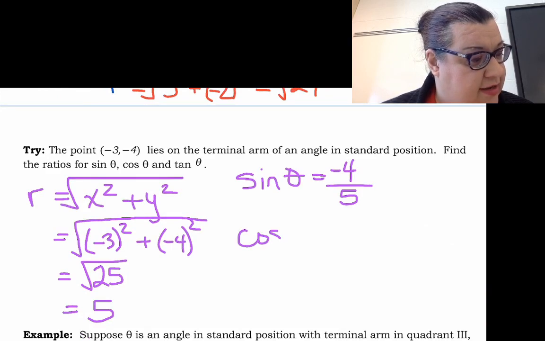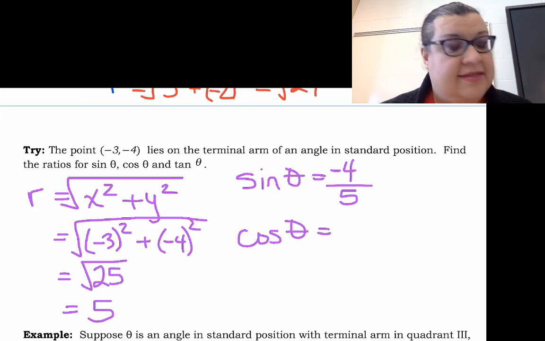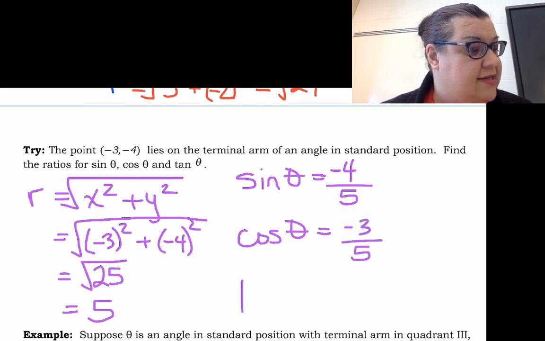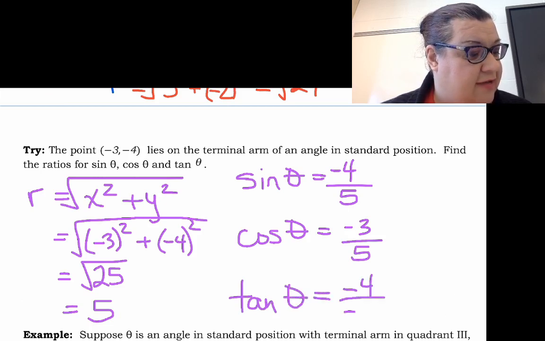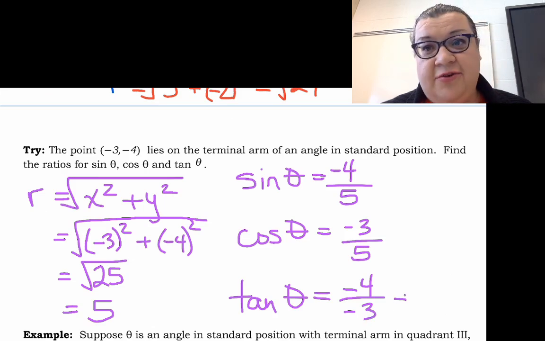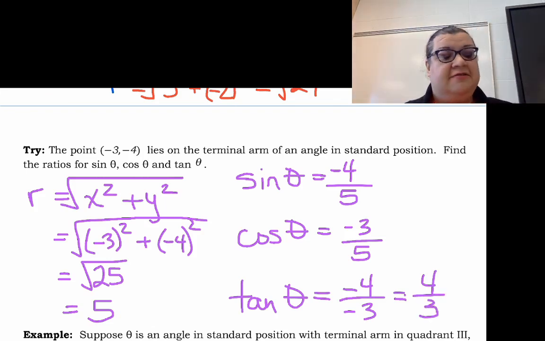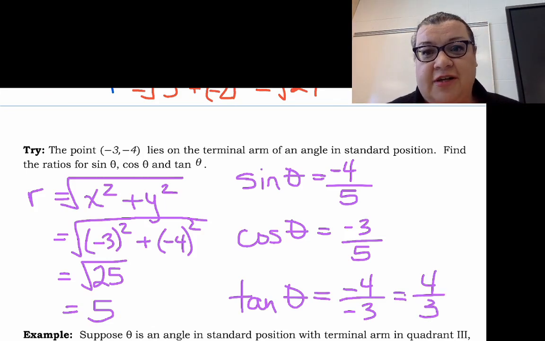Cosine theta is x divided by r. So -3 divided by 5. And tan is y divided by x. Or in this case, -4 divided by -3. And we all know that a negative divided by a negative is a positive. So tan theta is actually equal to 4/3.